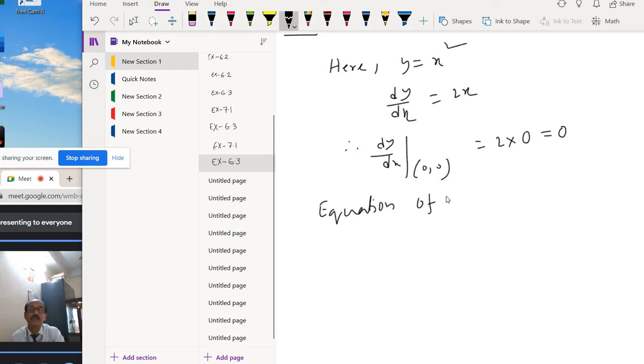Equation of tangent at 0, 0. So y minus 0 equal to slope is 0, x minus 0.